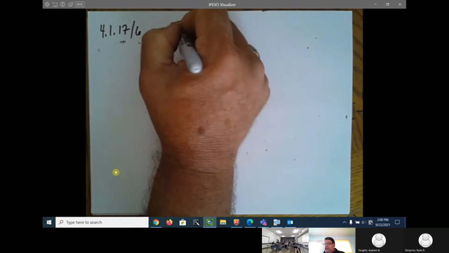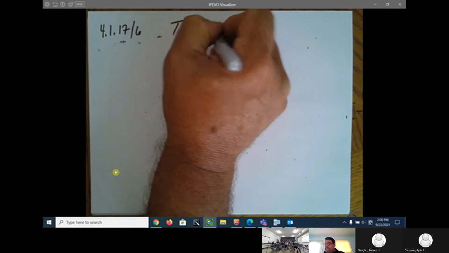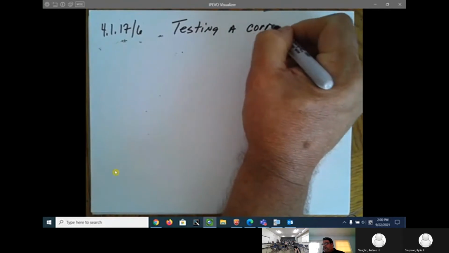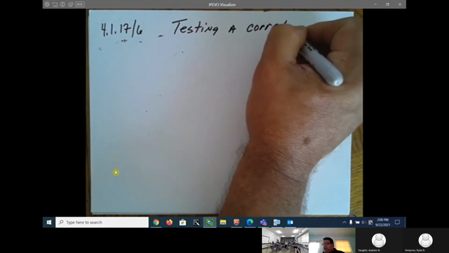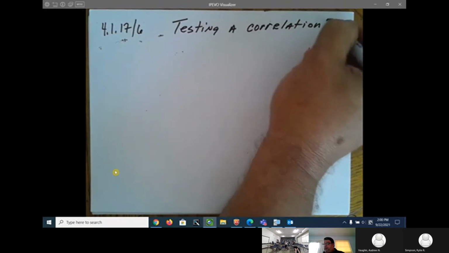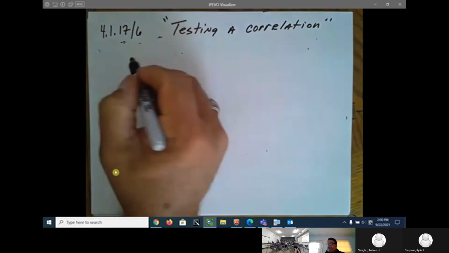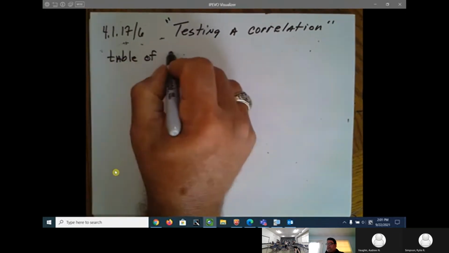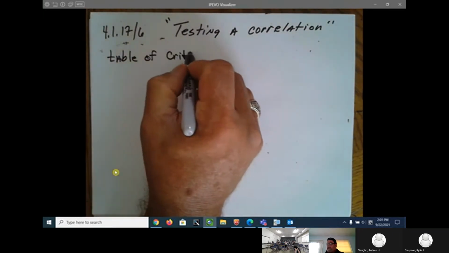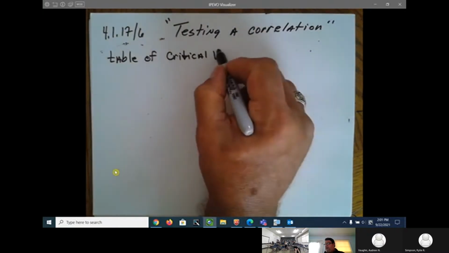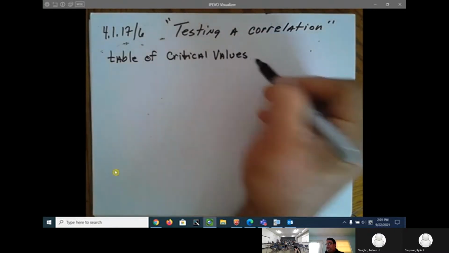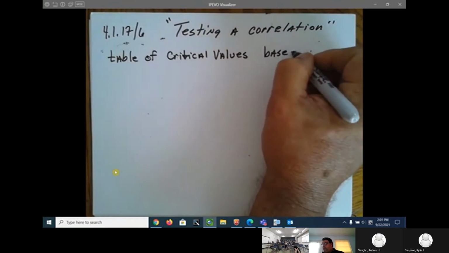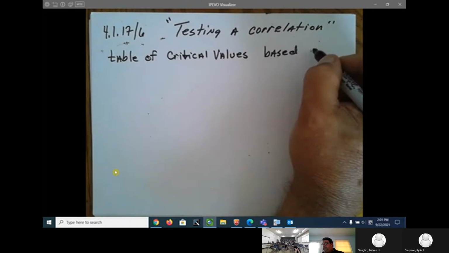When you are testing a correlation, they will give you a table of critical values based on N. So if you have 5 points, you look at N is equal to 5.